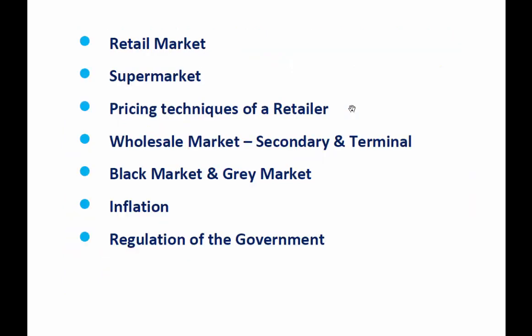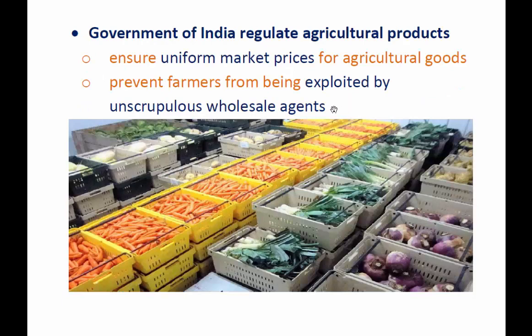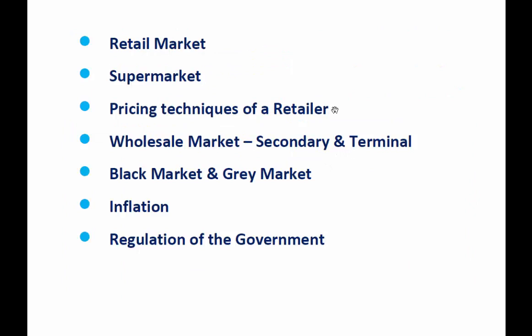Okay, I think that's all for this chapter. So what have we learned today? Retail market, the best example being the supermarket. We also learned something about the pricing techniques of a retailer, right?